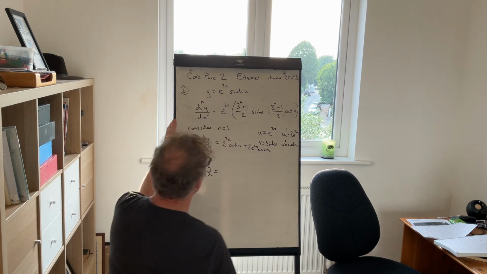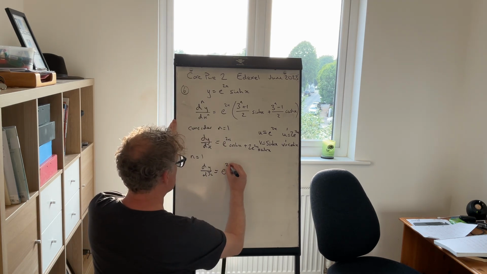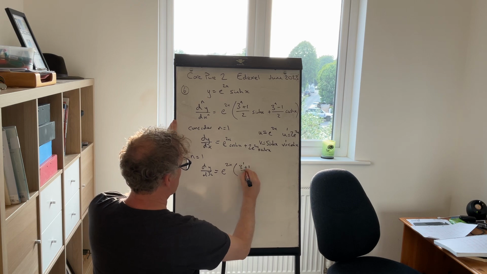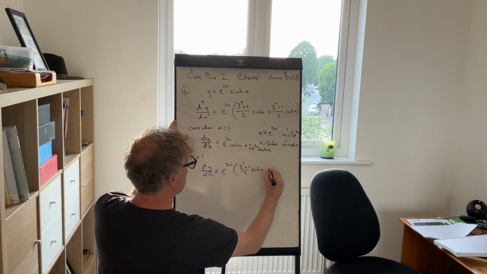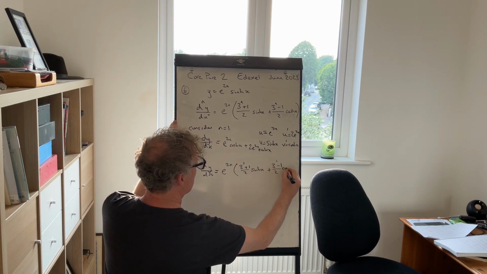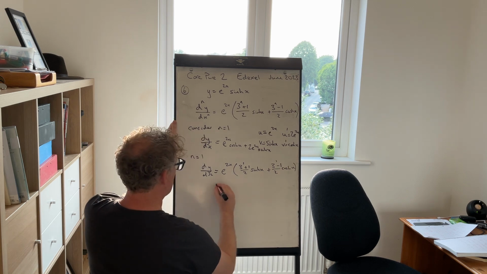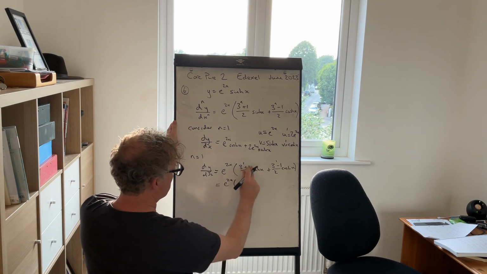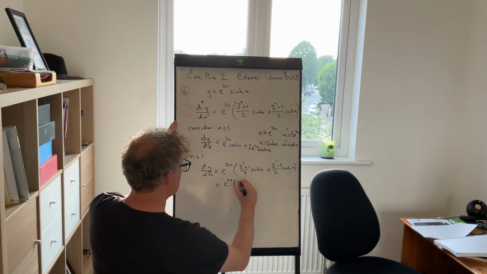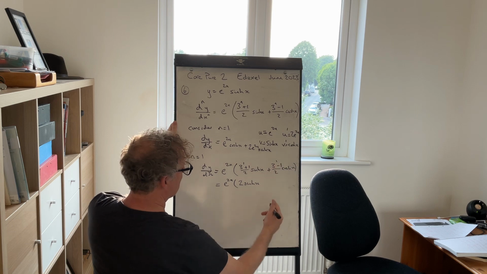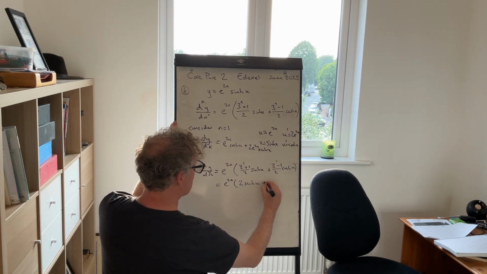So consider n equals 1, dy by dx equals, let's put our 1 in there, so we get e to the 2x. 1 in there is going to give us 3 to the 1 plus 1 over 2, and really make sure they know that you're putting everything in. You're not taking any shortcuts here. Cos x. So that's e to the 2x, 3 to the 1 plus 1 over 2 is 2. 3 to the 1 minus 1 over 2 is 1, so that's just cos x.